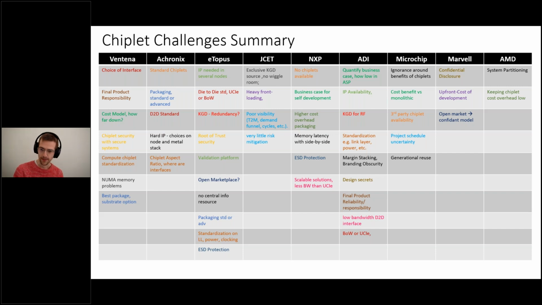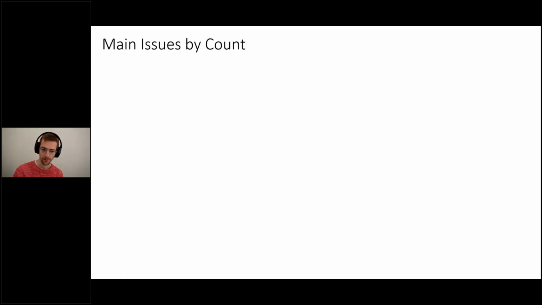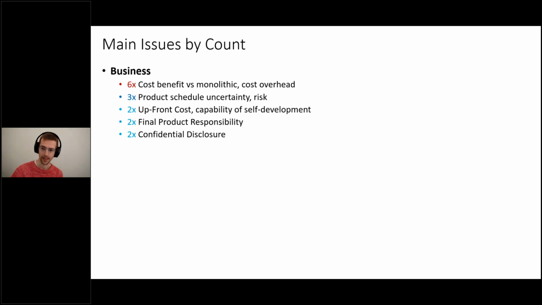So that then brings me to the actual overview or summary. I tried to put this into 3 categories. The first one is business related issues. And I wrote down the things that I found, as well as the count of how many companies have said something along those lines.